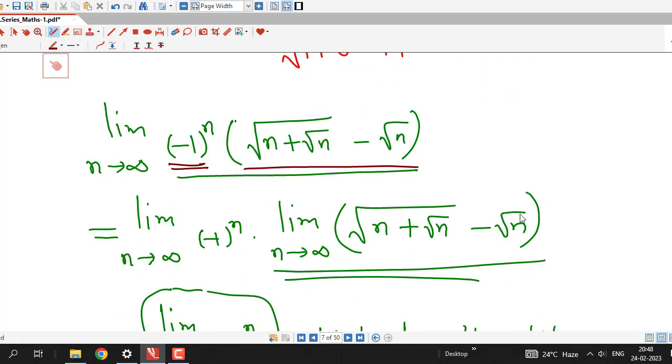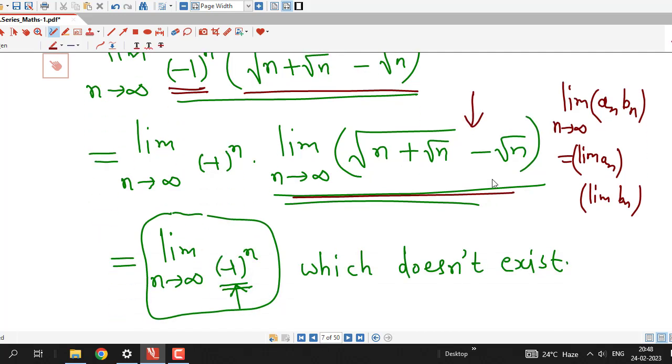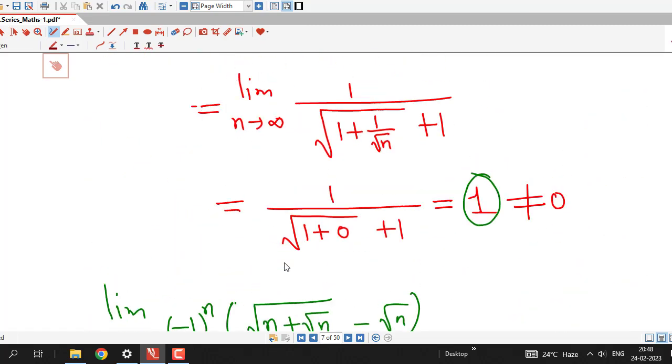And here we are applying the limit rule for two sequences. We know that the limit of a_n times b_n as n tending to infinity is equal to the limit of a_n times the limit of b_n, and we have already obtained the limit of this sequence, that is 1, and we know that this sequence is divergent. Therefore the given series is also divergent because the limit of the nth term does not exist.